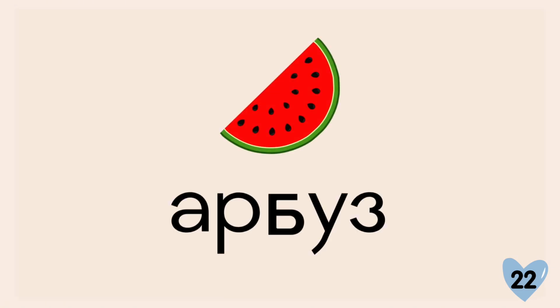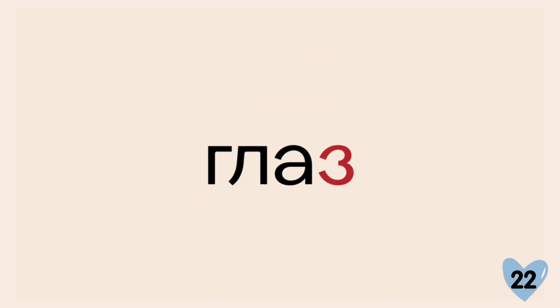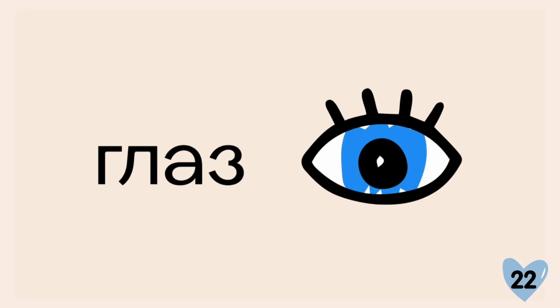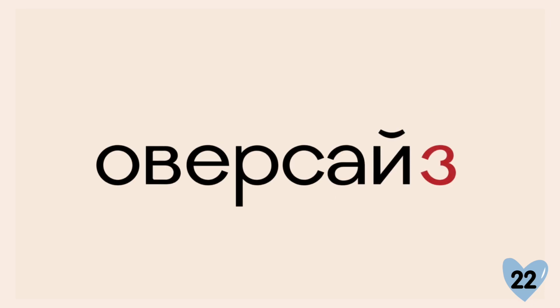Arbuz means watermelon. One more. Try to read it. Да, глаз. Again, S, not Z. Glaz means an eye. And here's a word you definitely know from English. Here's how it looks in Russian. Your turn. Read it.